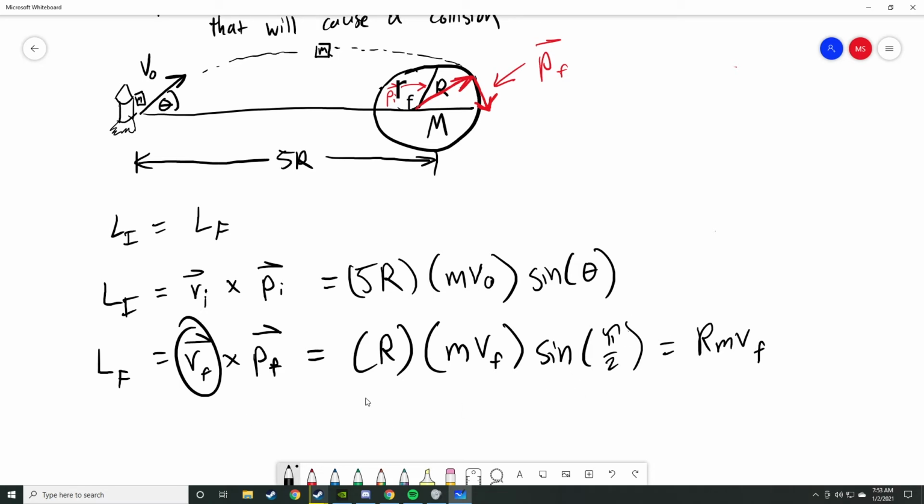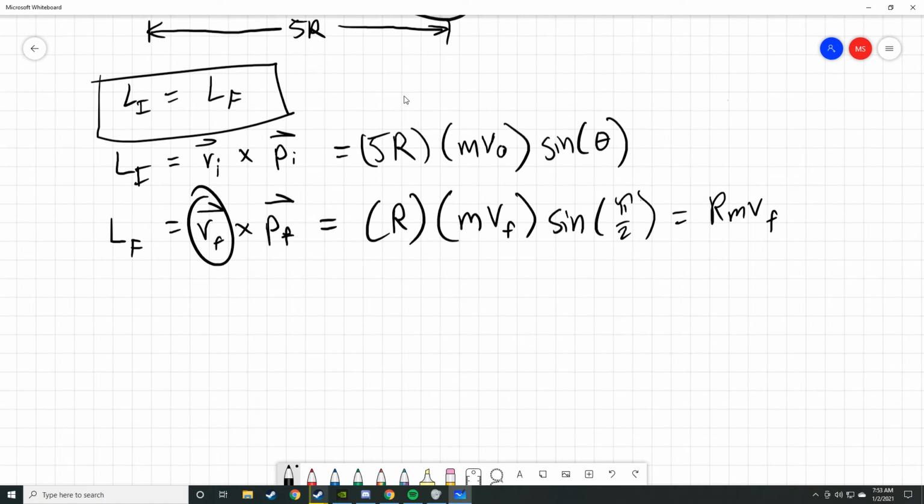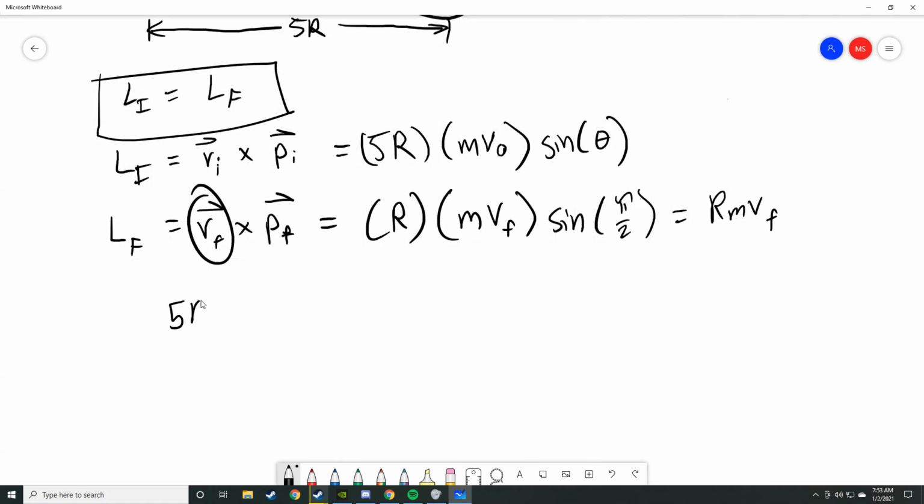Now we can use the conservation of angular momentum to set up an important equation. We can just set these two equal to each other. We can say that 5 R M V naught sine theta is equal to R M V F, just times 1, right? Obviously there's some simplification that can be done here. We're assuming that the radius isn't 0, because, I mean, come on, right?